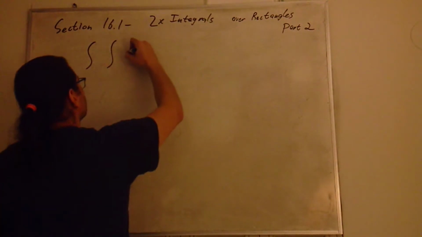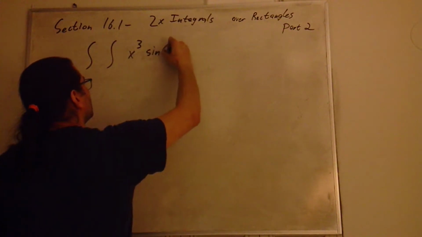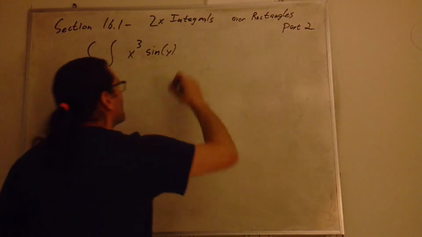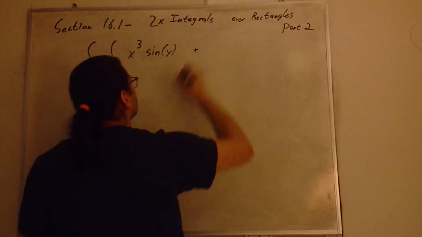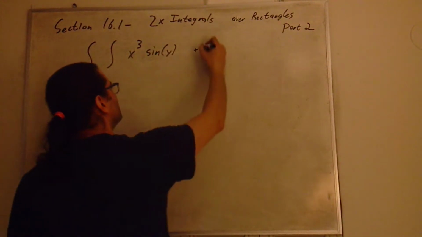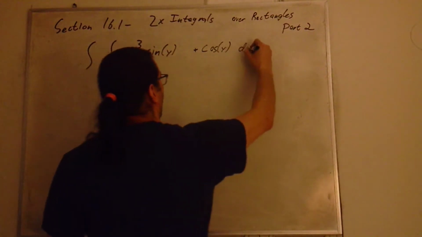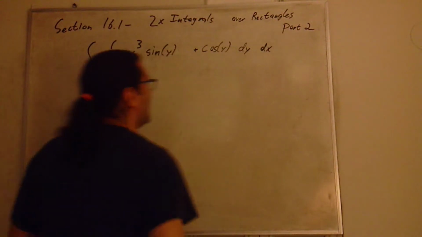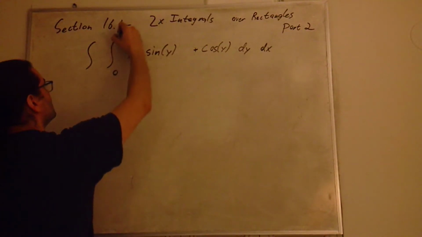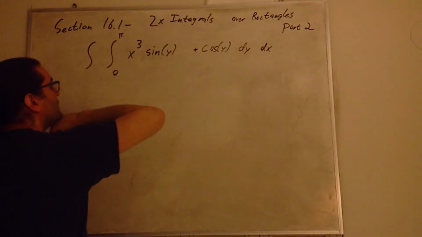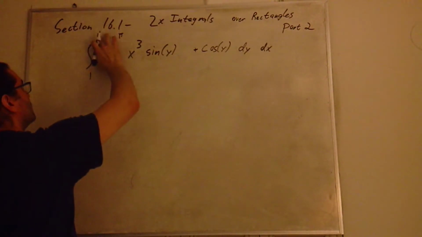Let's integrate x cubed sine of y plus, yeah, let's go for a cosine of y as well. Let's do y first this time. Let's integrate y and then x. I want y to go from 0 to pi, and then I want x to go from 1 to 4. No, 1 to 3.